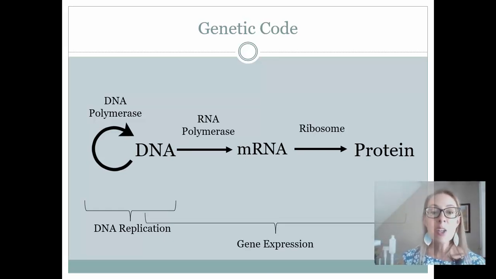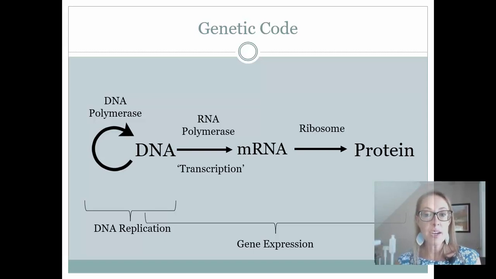We are going to begin looking at the big picture of gene expression. So how do we use our DNA to ultimately make a protein? We are going to see that the process of RNA polymerase reading DNA and producing messenger RNA is called transcription.